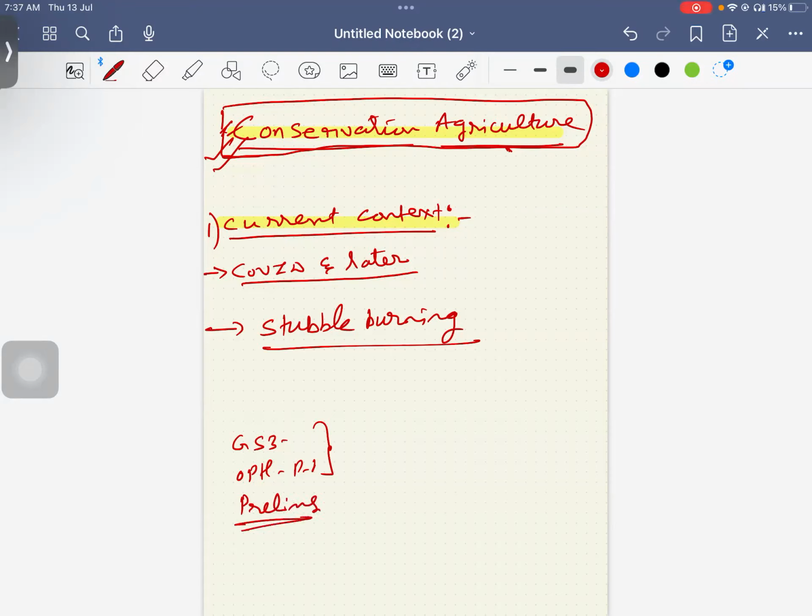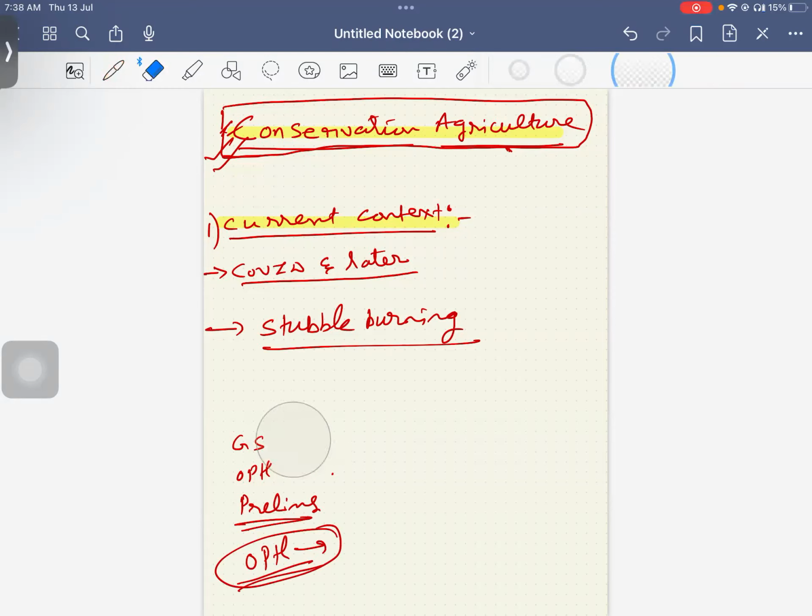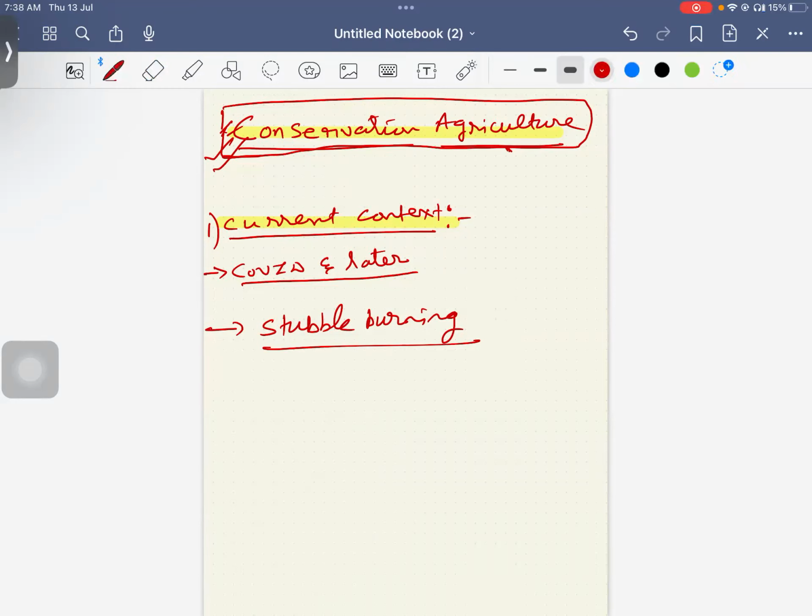So what is the current relevance of this topic? In general, we say that in optional we don't have much current relevance, but there is current relevance, which we usually miss. This concept evolved long ago, but it got importance after COVID-19, around 2019 and 2020.